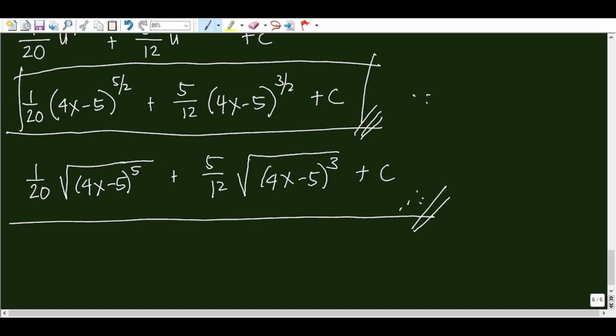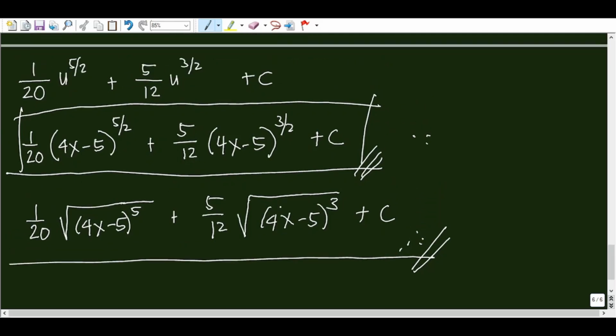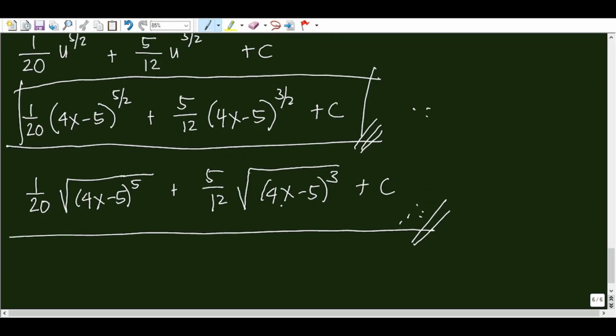Okay? So, yan po ang u substitution. I know you are confused, but I encourage you to practice solving more problems like this one using u substitution to determine the differential or the integral of indefinite integrals.